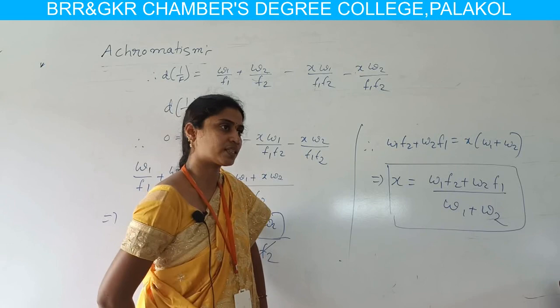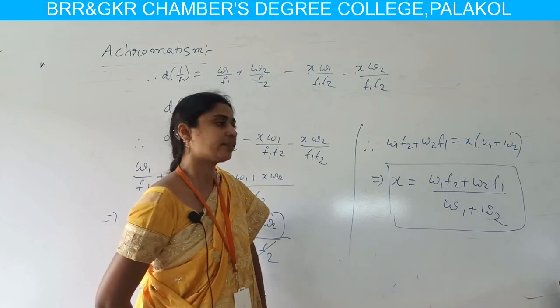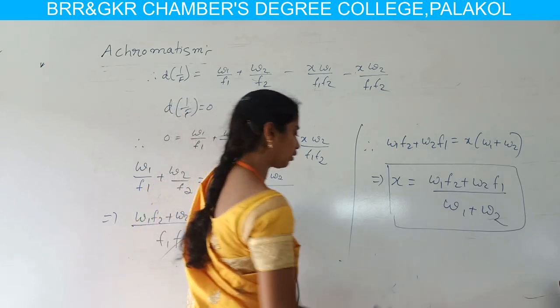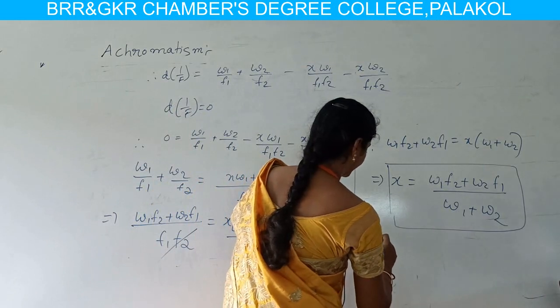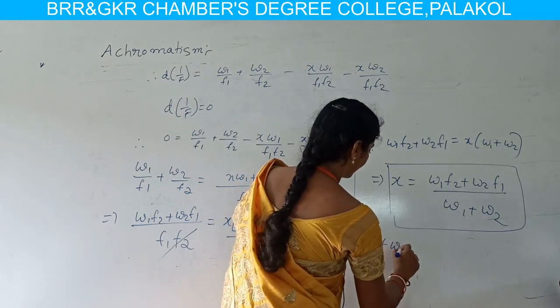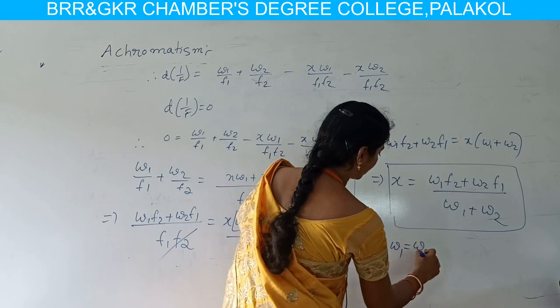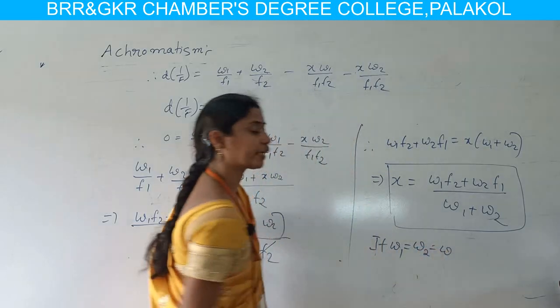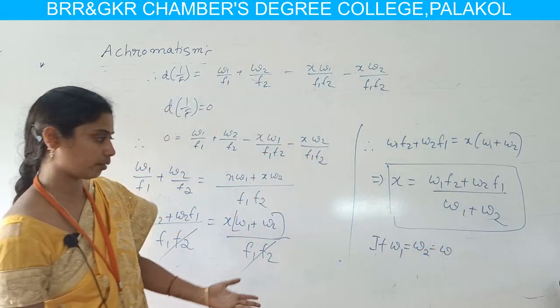If the two lenses are made of the same material, then the dispersive powers are the same. Here we consider ω1 equal to ω2 equal to ω.